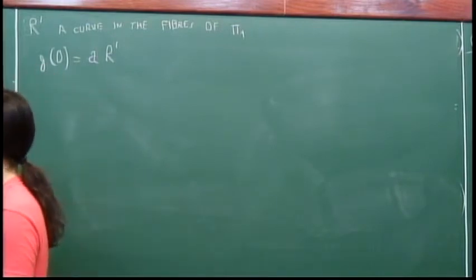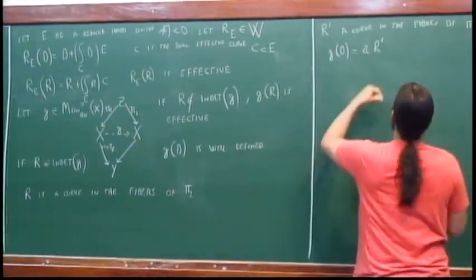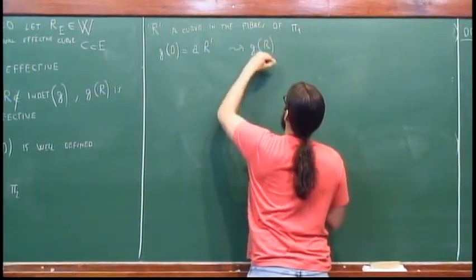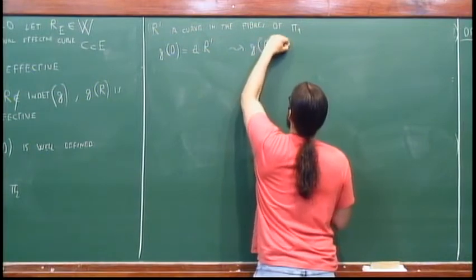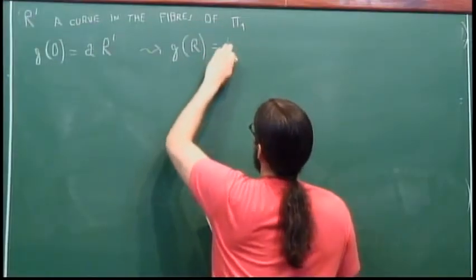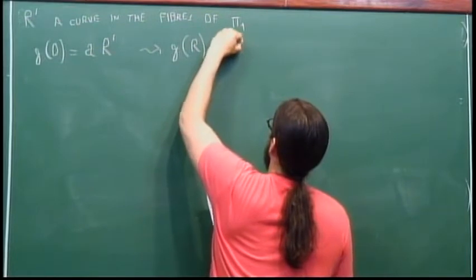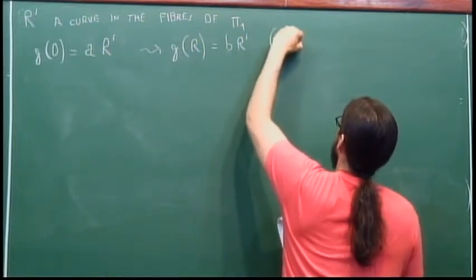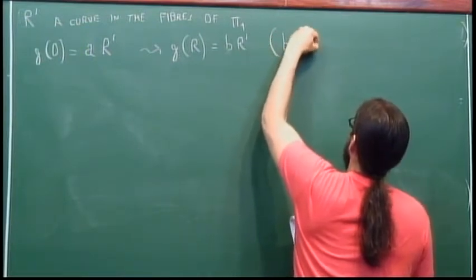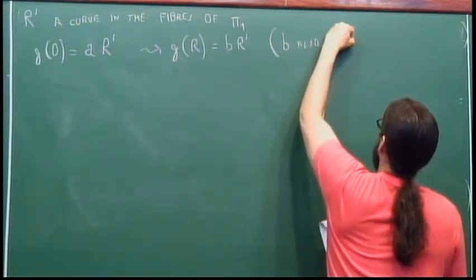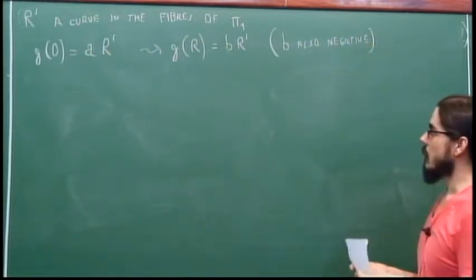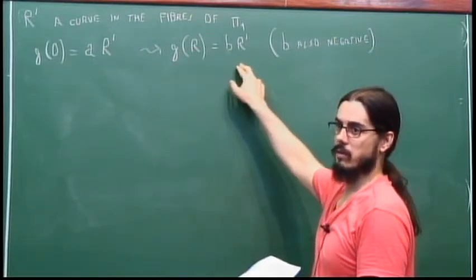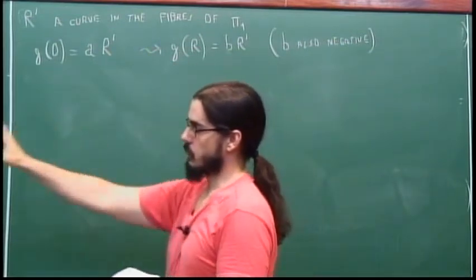So we have it also well defined on R. And this means that G of R is, well, we don't know the sign, a multiple of R prime. It may also be negative. So a multiple of the image of R is still effective. So one direction of the proposition is done.